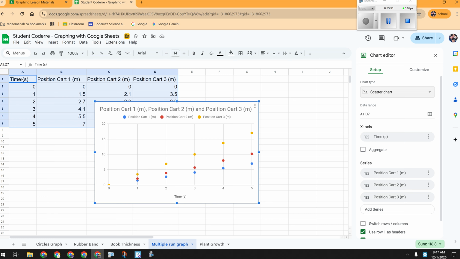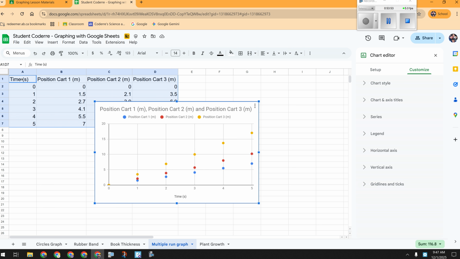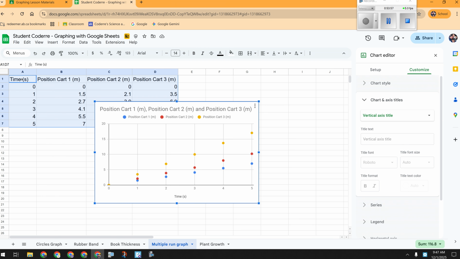I'm going to go to Customize. I have the right kind of chart now, and I'm going to go here, Chart, Axis, and Titles. It automatically picked the one that was missing, at least for me. It might not do that for you. You want this to say Vertical Axis Title.